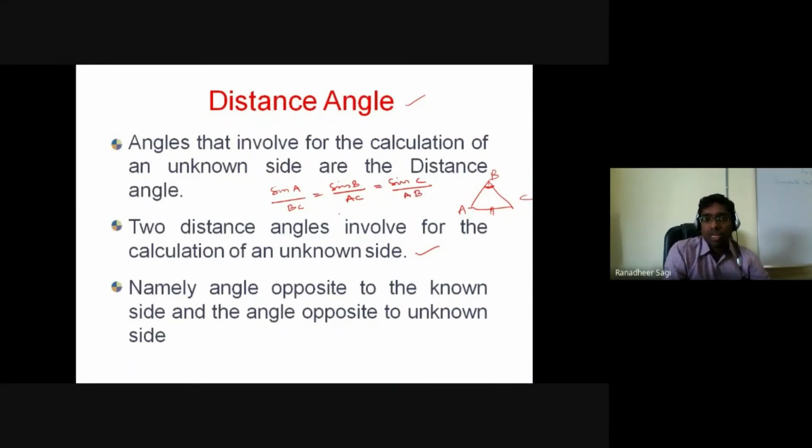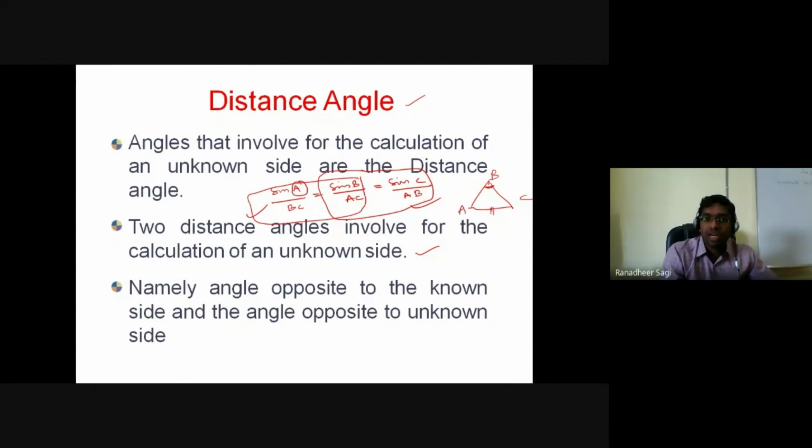Now what I want to find out is the AC length. I can make use of this relation, or I can make use of that relation, to ultimately find your AC length. In the process of finding that AC length, either by the first combination or the second combination, how many angles are involved? If I am using the first combination, sine A by BC is equal to sine B by AC. So how many angles are involved?